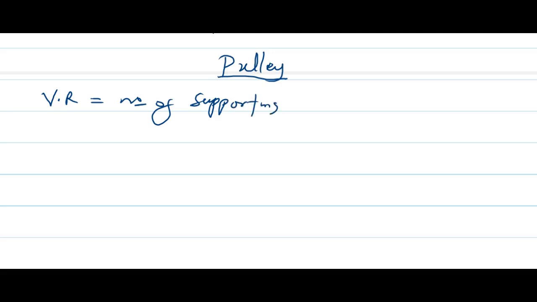So, apart from the conventional formula for velocity ratio, you can use the number of supporting ropes to determine the velocity ratio of a pulley. If there are 4 ropes supporting the pulley, it means that the pulley has velocity ratio of 4.